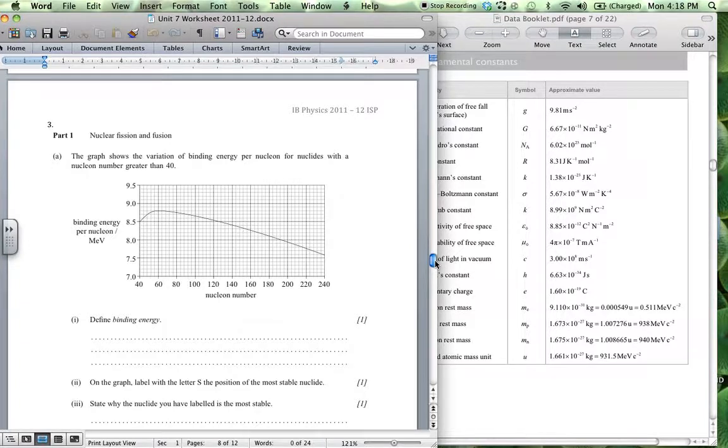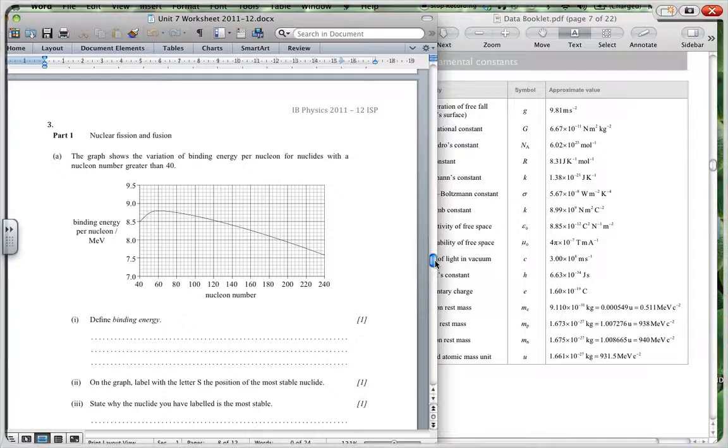Now I have uranium-235, so that is going to be somewhere over here. This would be uranium-236, so we're about over there. That is about 7.6. So uranium-235 has a binding energy of about 7.6. For your barium, which is 141, if I go 141 here, that's just about 140.